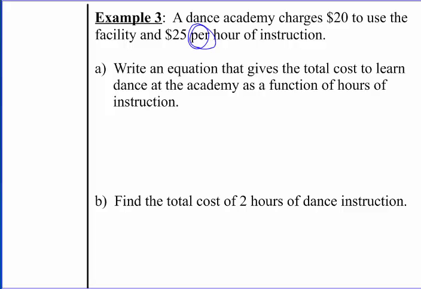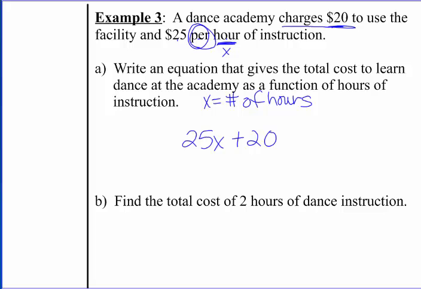Whatever comes after it, that's what we're going to identify as our x variable. So in this case, x is the number of hours. Then we're going to do a direct translation. So it's 25 per hour, that means 25 times x. And then they charge an additional $20. So that is going to equal y.